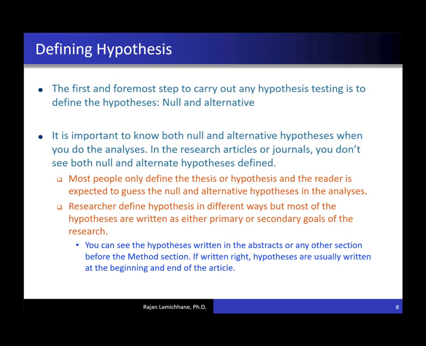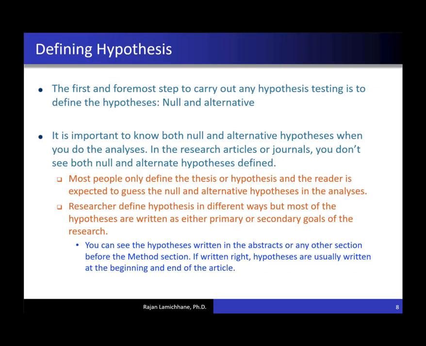When you read research articles or journals, you usually don't see both defined in a very technical way. Most people only define the thesis or the hypothesis, and the reader is expected to guess the null and alternate hypotheses based on whatever thesis they define.